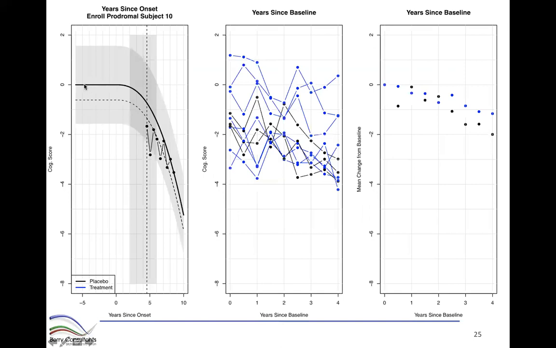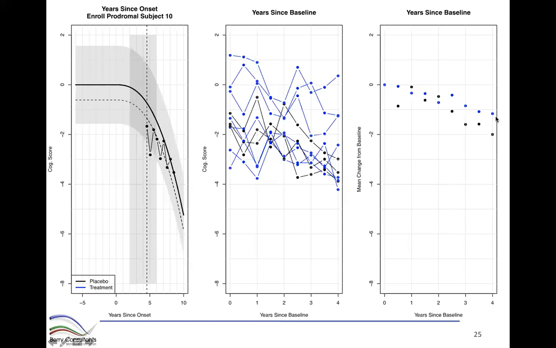If we enroll someone over here, under control and treatment, they both will remain flat and there'll be no difference between treatment and control. Also, if we enroll someone down here where they've stopped their progression very late in the disease, you would expect no difference between treatment and control. And all these subjects will do is dilute any difference between treatment and control in the actively progressing subjects.